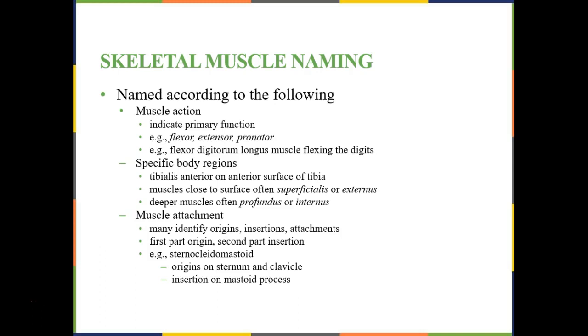This is a long name, but the name tells you the origin and the insertion. So the sternocleidomastoid originates on the sternum and the clavicle, sternocleido, and then it inserts on the mastoid process. And since the insertion is the mastoid process, its function is to allow your head to roll from side to side.